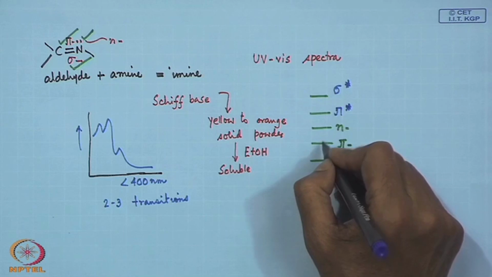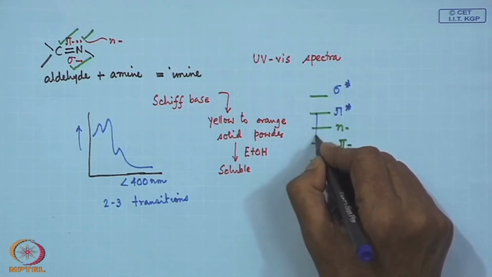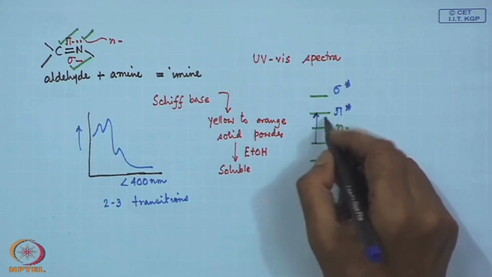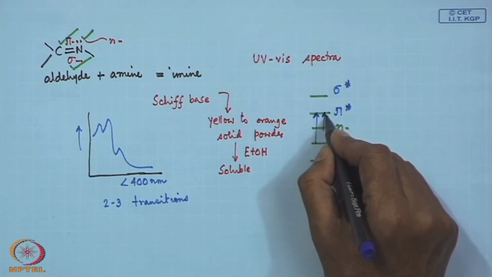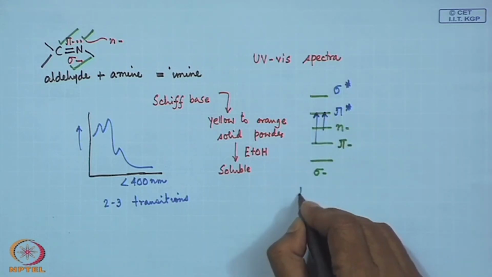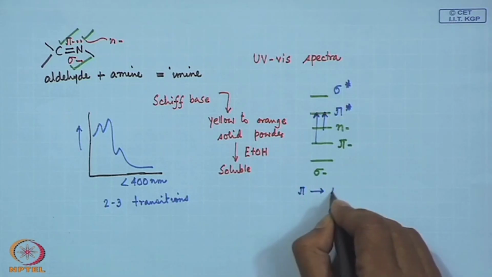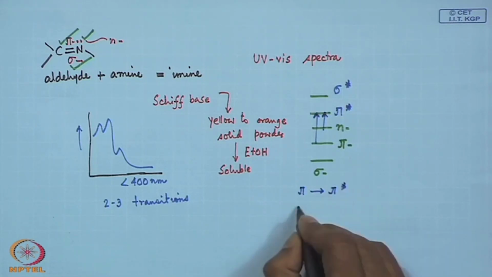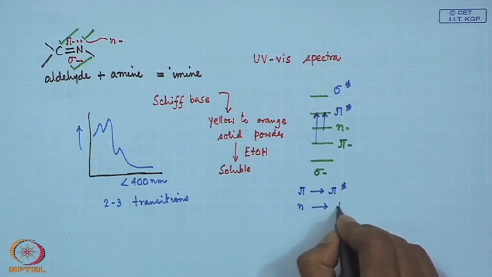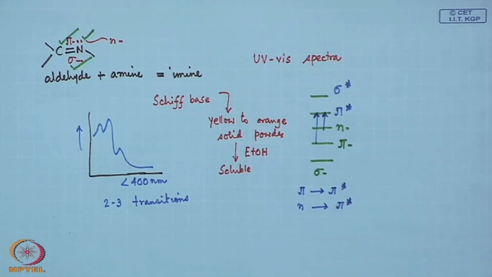So, what we have seen is that we have basically two very intense transitions we can consider. One is the pi to pi star transition, another is the n to pi star transition.